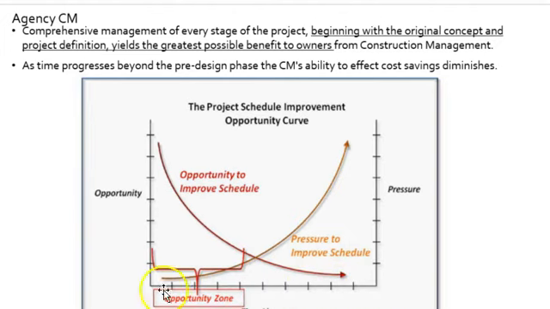That's essentially what's happening across the bottom here. And what we're essentially looking at is the further the project goes along, the opportunity to improve or to make changes diminishes. All right. This is pointing out, too, that pressure builds to improve the schedule. That is often the case.